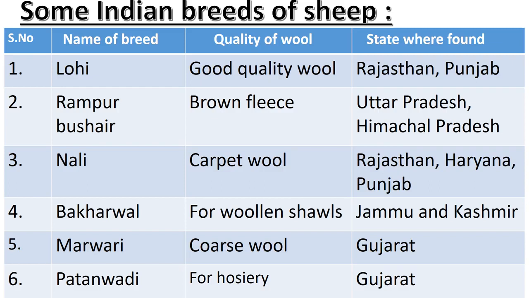The quality of wool they produce is known as coarse wool, and they are found in the state of Gujarat. Sixth and the last breed which is in our syllabus is Patanwadi. The wool which they produce is used for hosiery, and these sheep are also found in Gujarat.